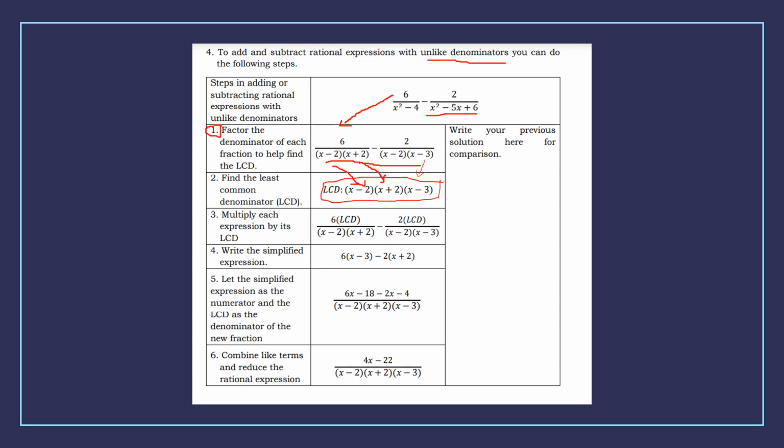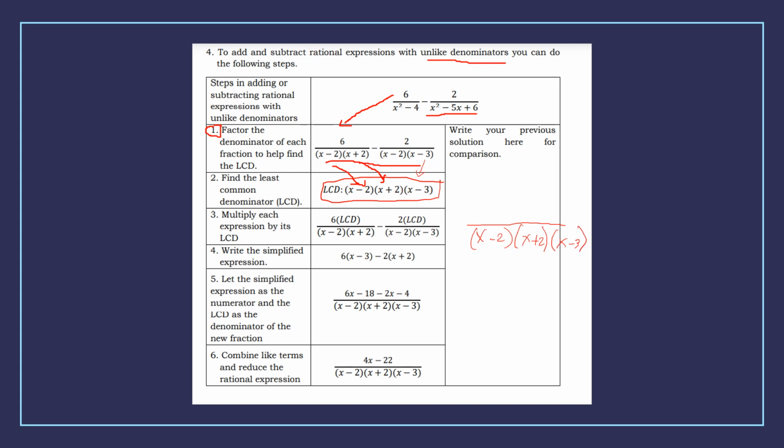Now, given this LCD, we can have this as a single rational expression. Having the LCD at the denominator, so we have x minus 2 times x plus 2 times x minus 3.